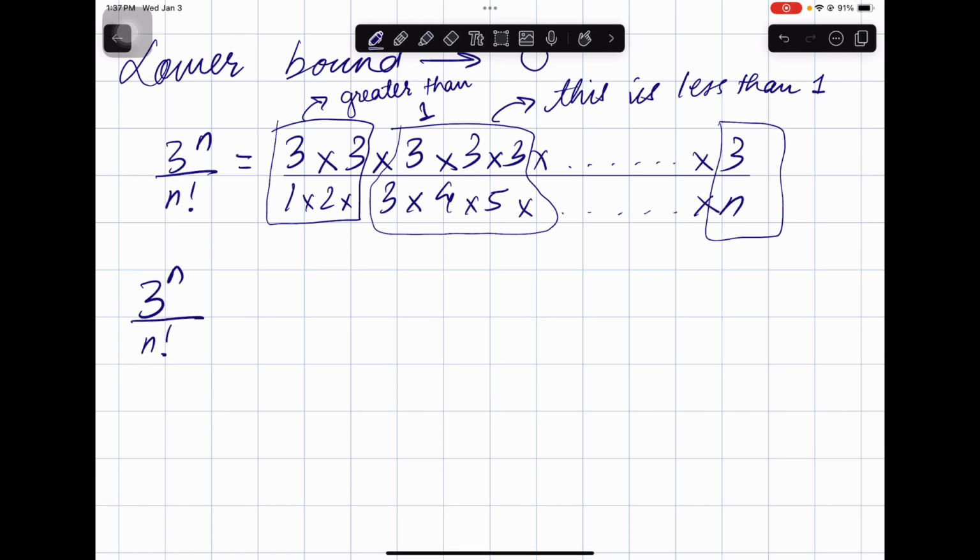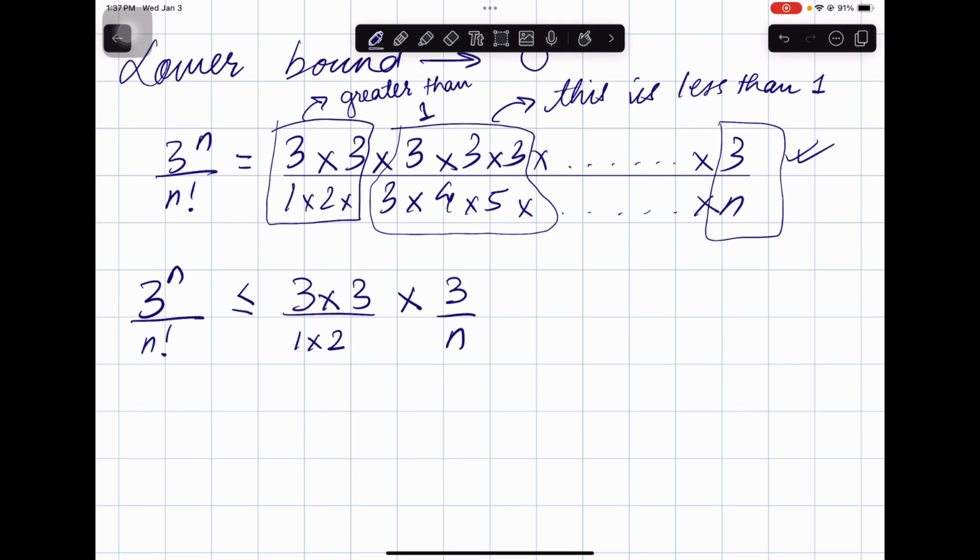So can I say that 3 to the power n over n factorial is less than or equal to 3 times 3 over 1 times 2 times this term, 3 over n? Can I?